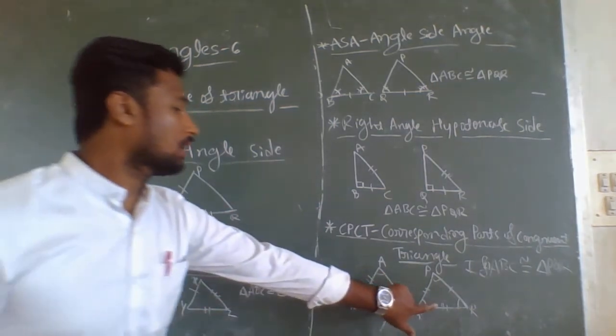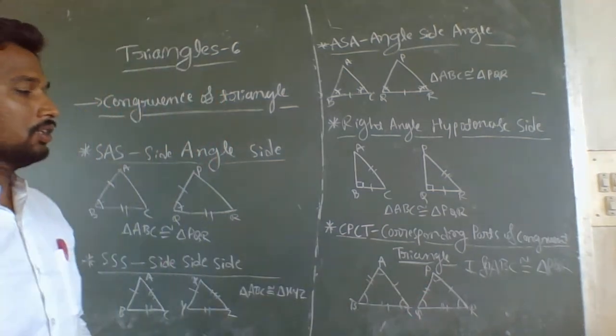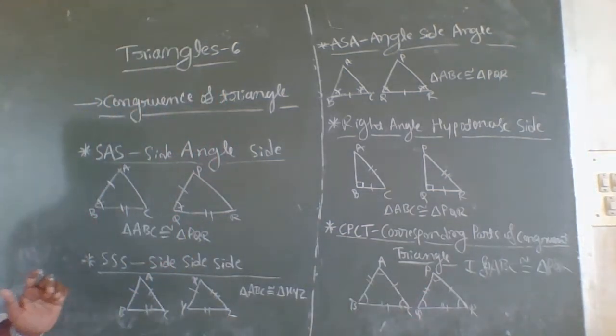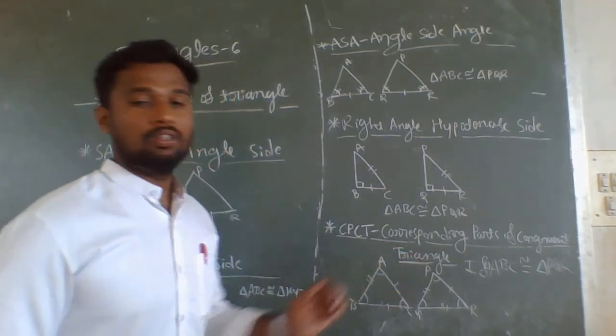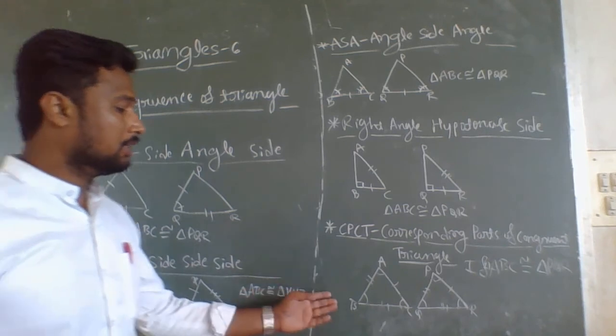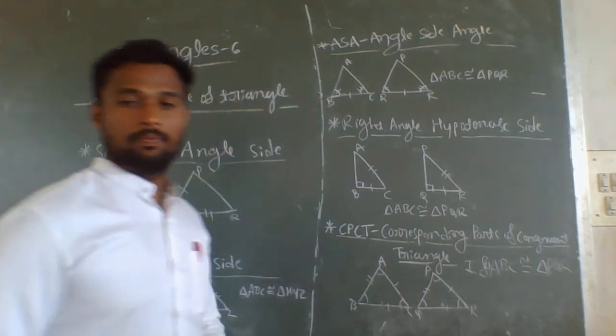If triangle ABC and triangle PQR are congruent to each other, then corresponding parts means angle A is equal to angle P, angle B is equal to angle Q, angle C is equal to angle R.